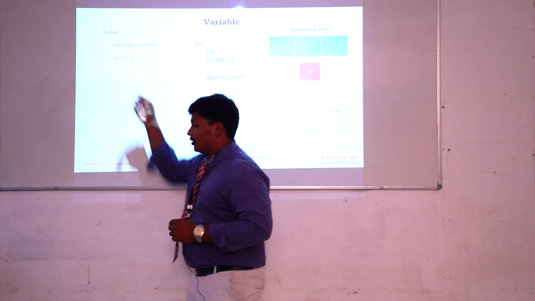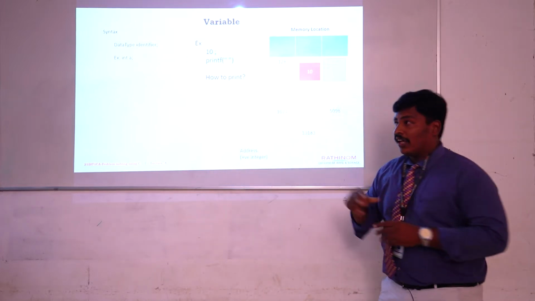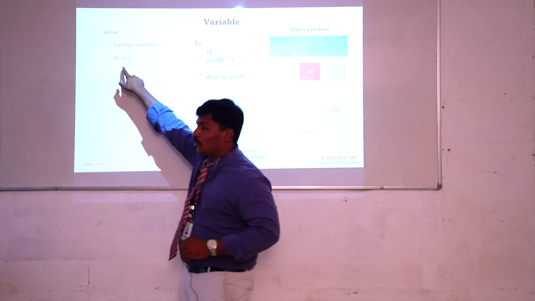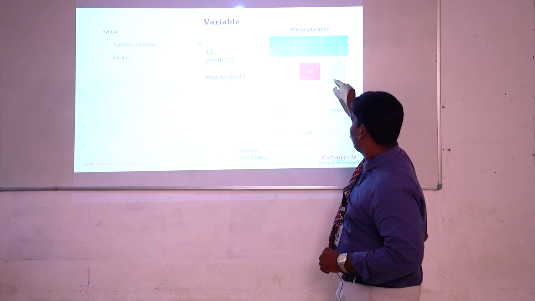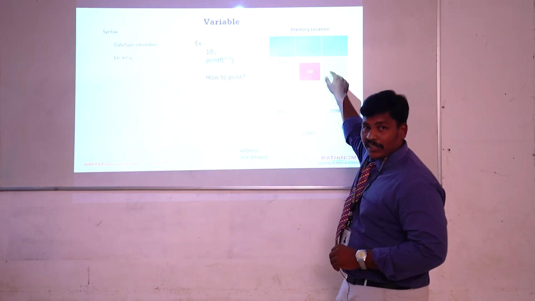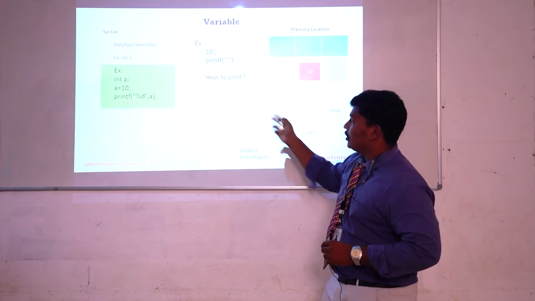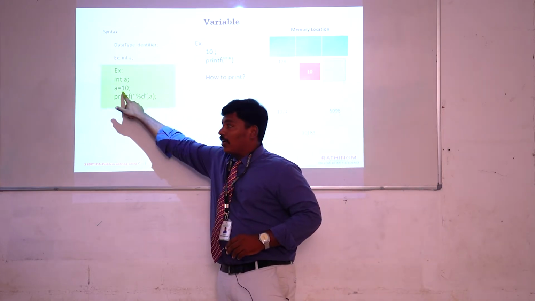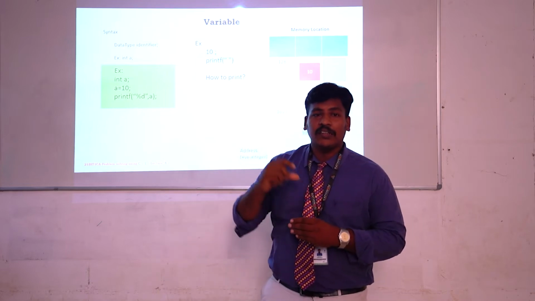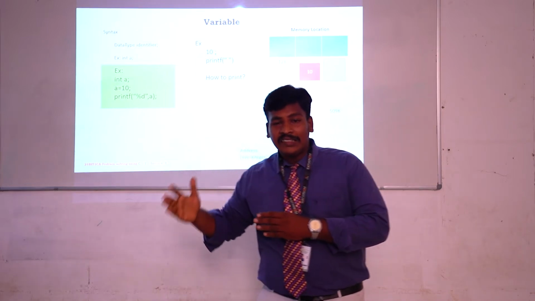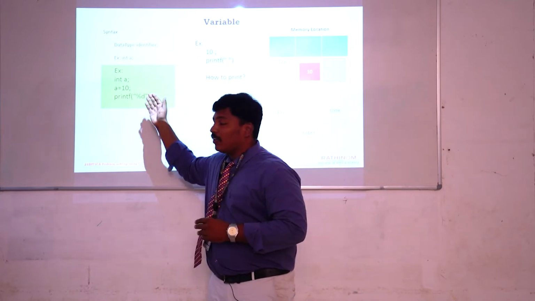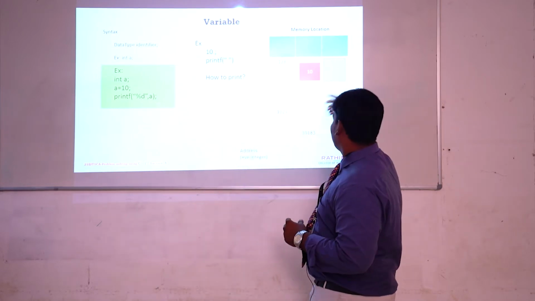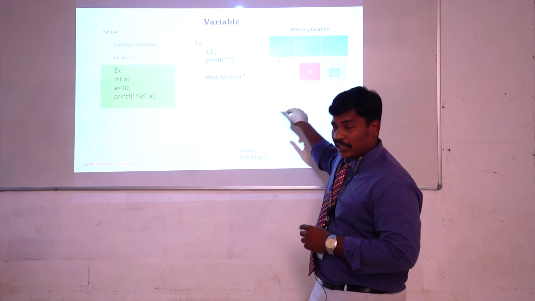Here we declare int A. When the code int A comes, the memory is allocated for A. Then in C language, when the equal symbol comes, the right side is worked first. So the 10 will be stored into A.